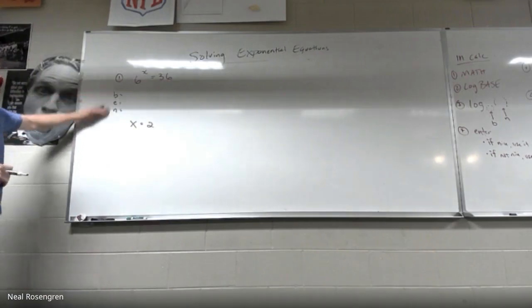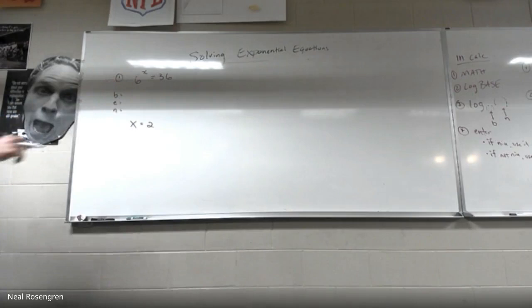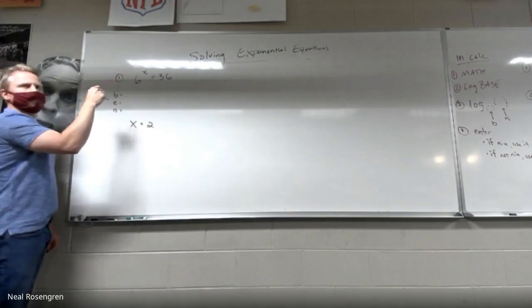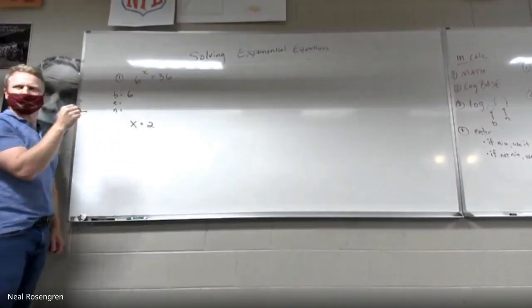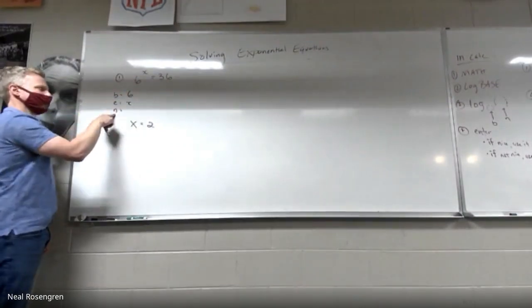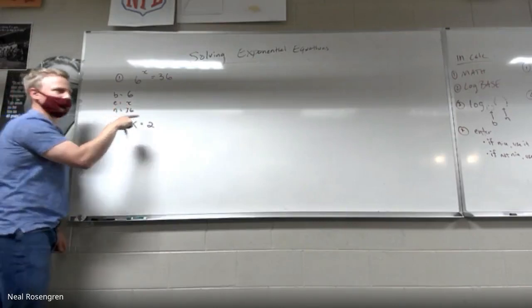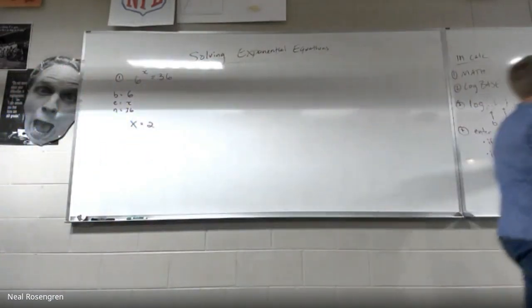Can we figure out those three and then make the switch to log? What's the base in this case? 6, good. What's the exponent? X. And then the n? 36. What's that n called? Argument. Yes, I'm going to call it the argument.